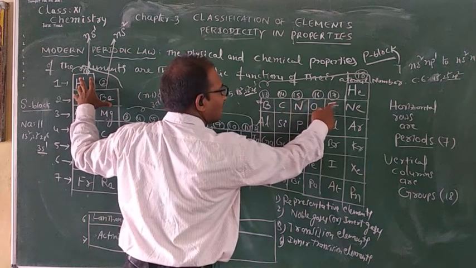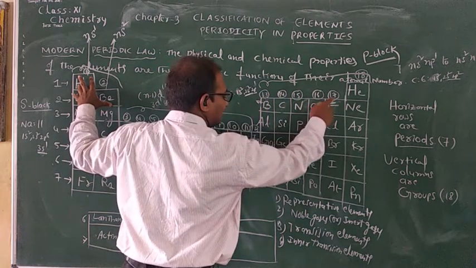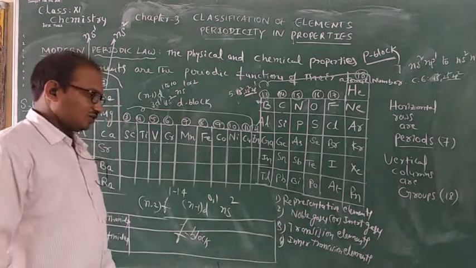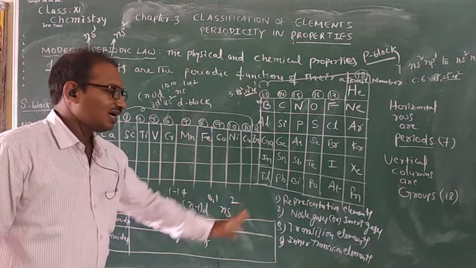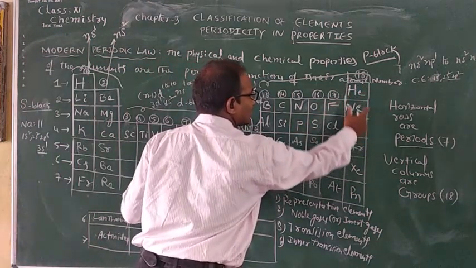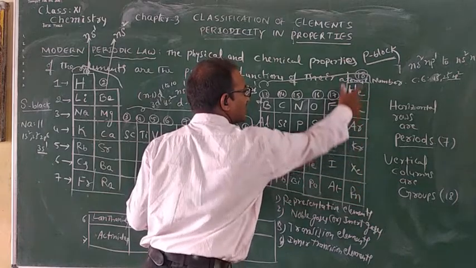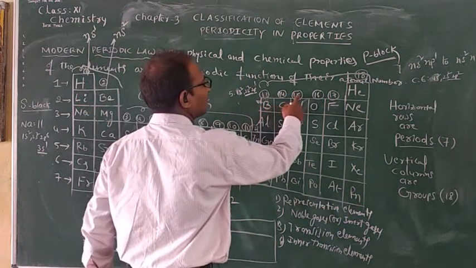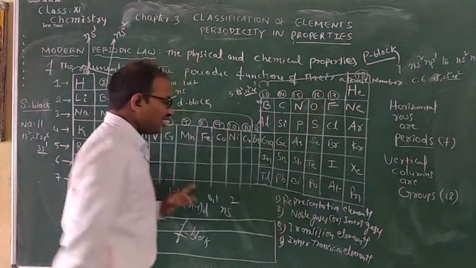These are called representative elements. Understood? Representative elements are all except the 18th group: first, second, 13th, 14th, 15th, 16th, 17th.